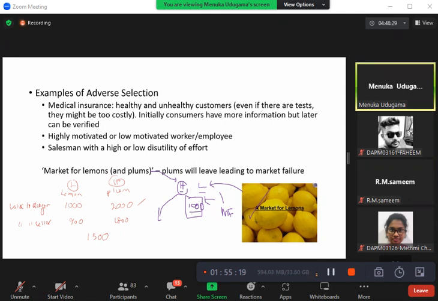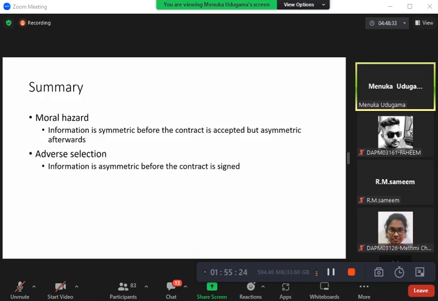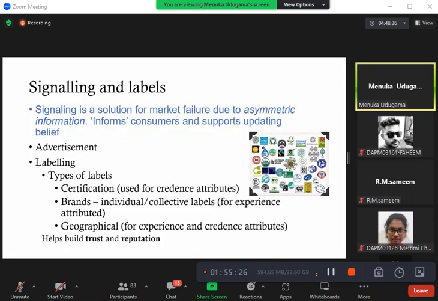So that's the idea behind asymmetric information. Therefore, the industry, especially the food and agriculture industry, is trying to develop techniques or methods to verify the quality. For example, signaling, advertisement, and labeling are very important to build trust and reputation with consumers, right? Branding, certification to ensure that the quality is maintained. And here there are lots of labels.